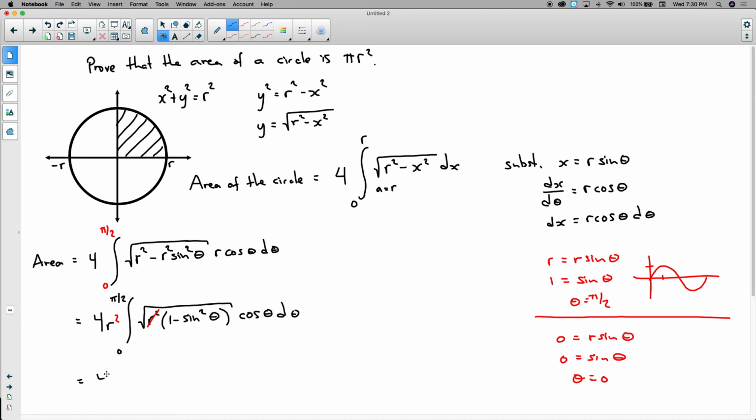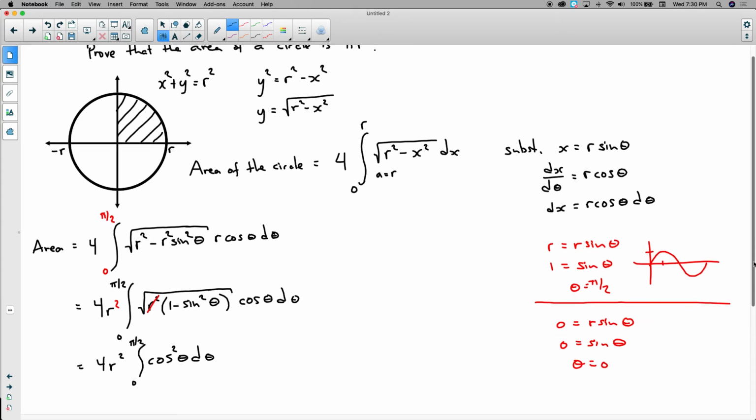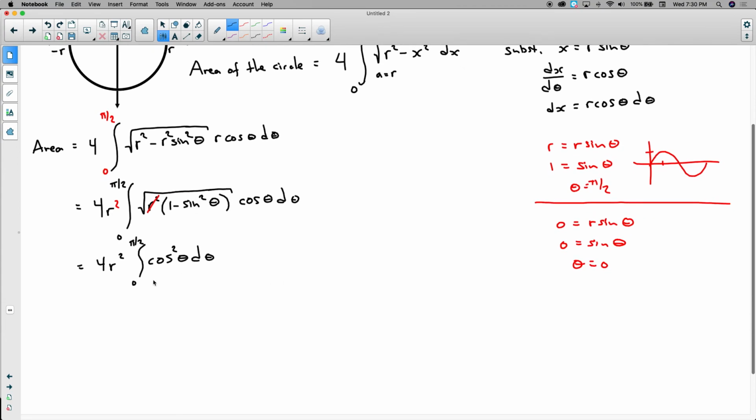Okay, so then I've got 4r squared, and it's the integral from 0 to pi over 2. And then what is my integral going to look like? Well, I know that 1 minus sine squared is cosine squared, rooted is cosine, times another cosine is cosine squared theta d theta. And I'm back to using number 18, where n equals 2.